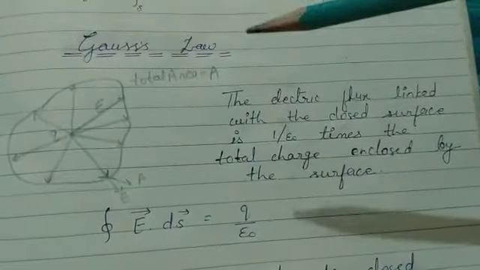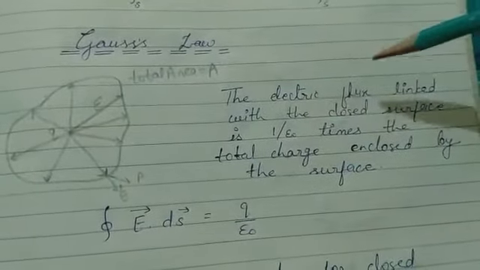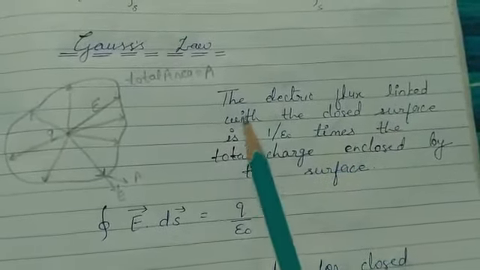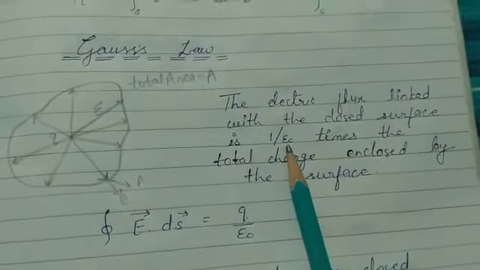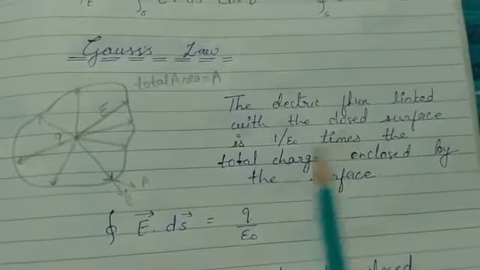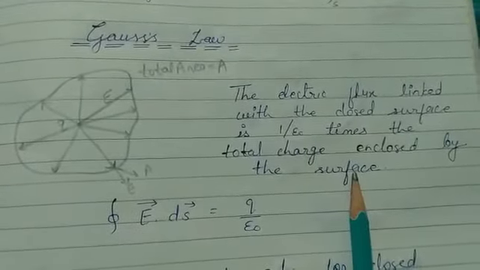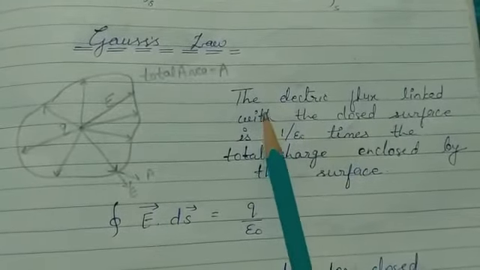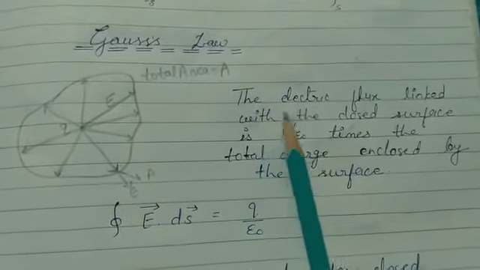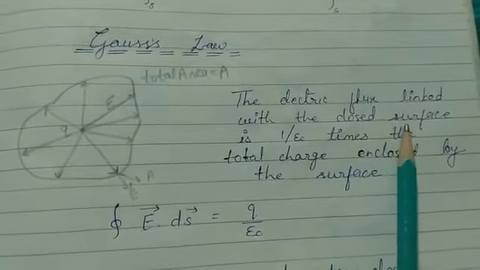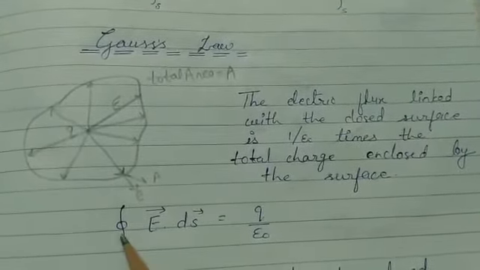According to this law, the electric flux linked with the closed surface is 1 upon epsilon naught times the total charge enclosed by the surface. So what is written here, again, let's see. The electric flux linked with the closed surface, how do we write it?